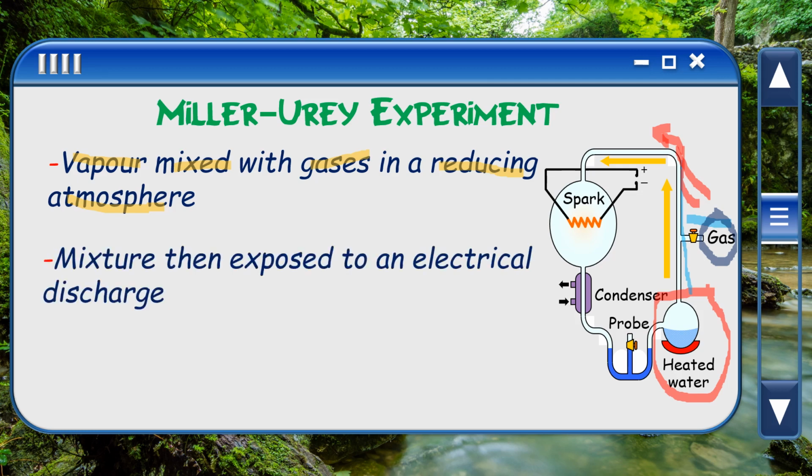Now, this mixture of the gases and the vapor was exposed to electrical discharge. So the vapor, which was coming from boiled water, moving upward, and then mixed with the gases, moved up and went into the chamber where it was exposed to an electrical discharge.